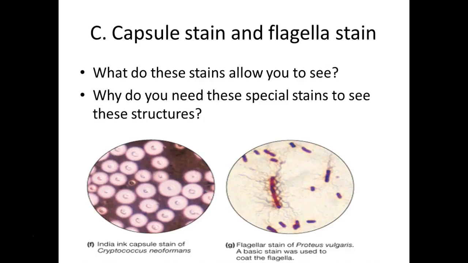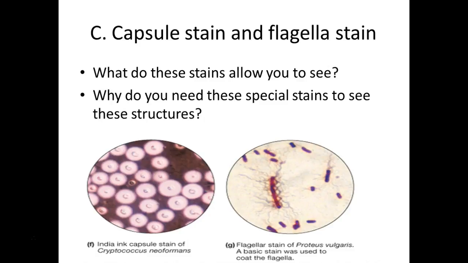No. So instead, what this stain does is it adheres to those specific proteins that make up the flagella, and they make it bigger. It's like mascara for bacteria flagella. Makes them thicker and bigger, right?